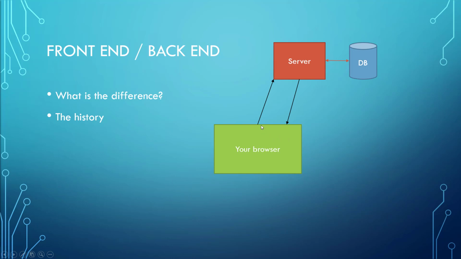Now, of course, you can see I also put the database here, and in reality, it doesn't really have to be a database. This could be a server-to-server API. It could be all kinds of things. The important part for you to understand is that a secure database is not reachable by your browser.